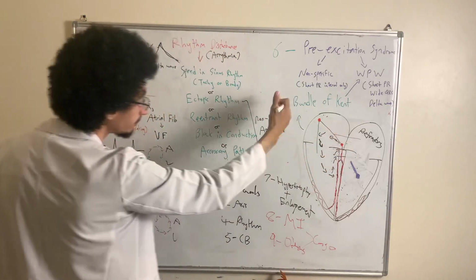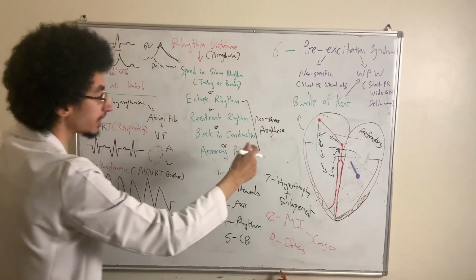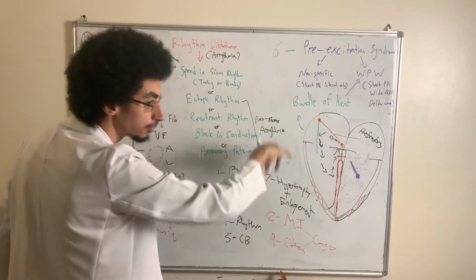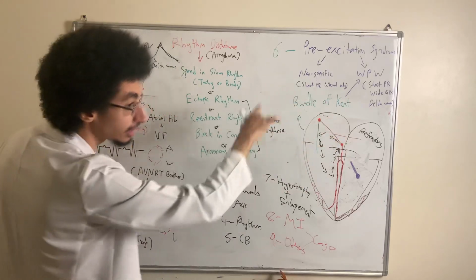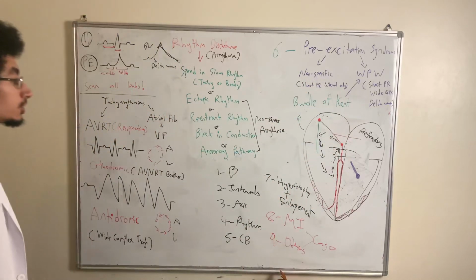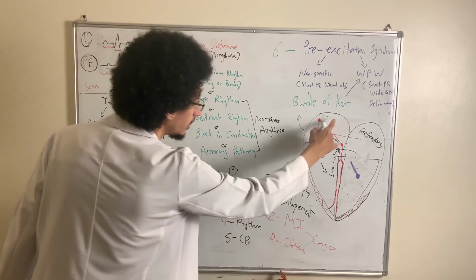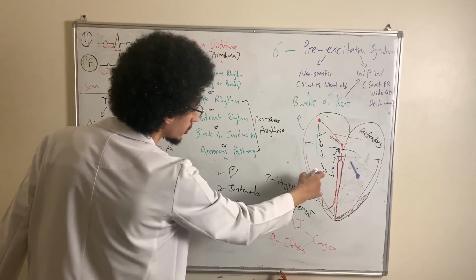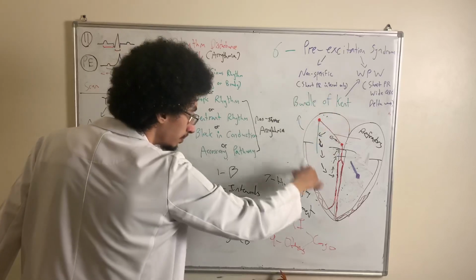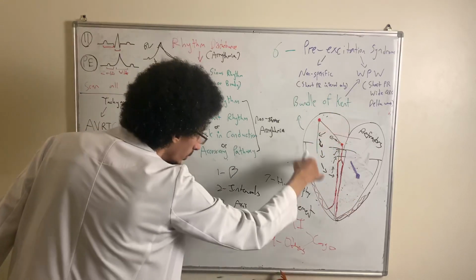We now go away from it, we now come towards the conduction pathway, and we form a loop. We form a reciprocating loop in which we have a wave of depolarization that is reciprocating between the right atrium and the right ventricle, going backwards towards the AV node.